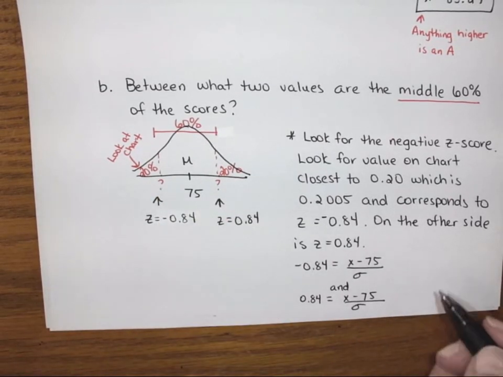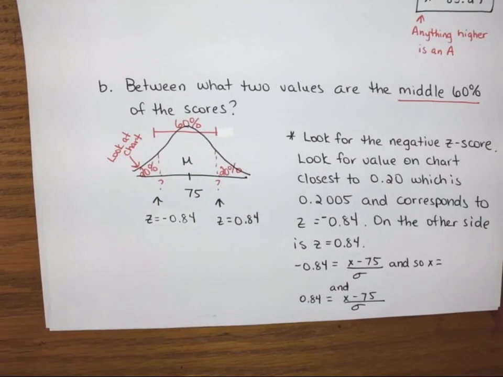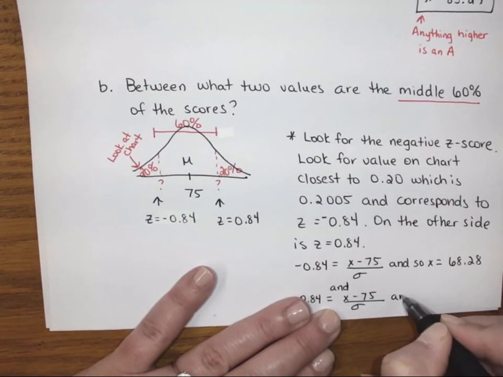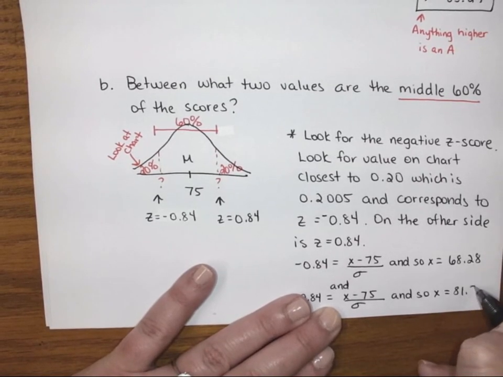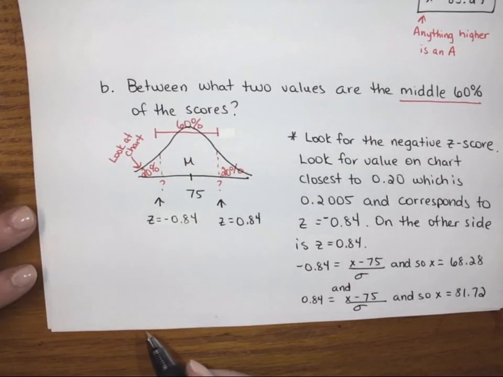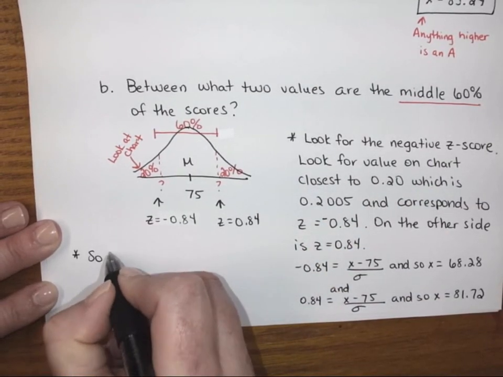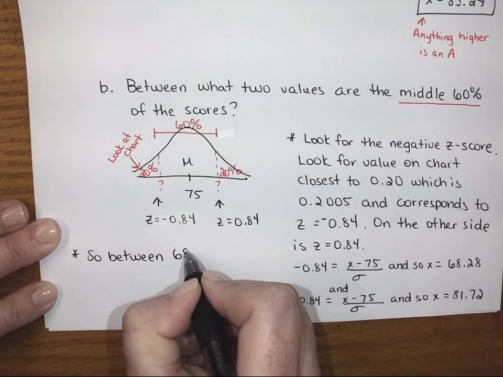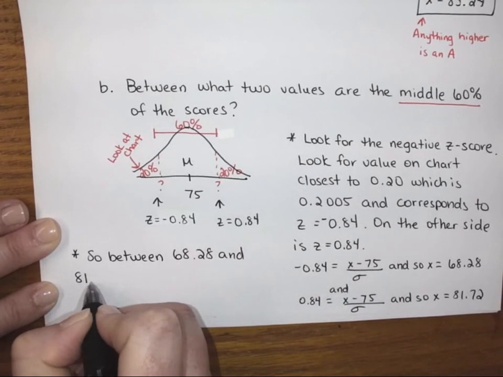Okay, and so if you cross multiply, you're going to get x equals 68.28 here. And here you're going to get 81.72. Okay, so if we want to bound the middle 60%, it will be between these two scores, 68.28 and 81.72.